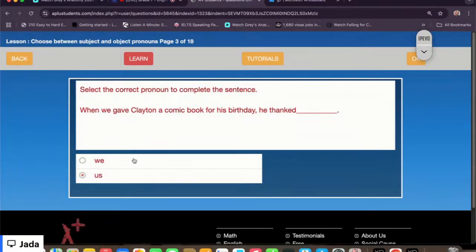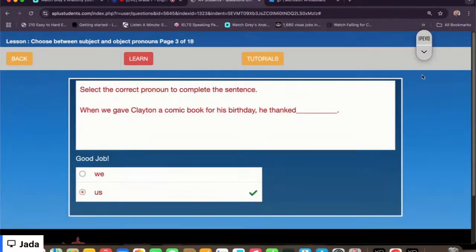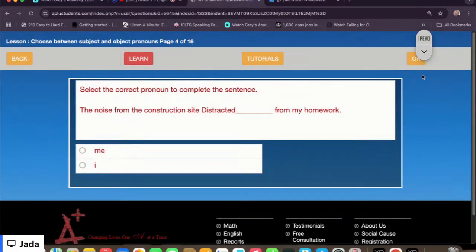Us. Okay. Alright, the noise from the construction site distracted blank from my homework.